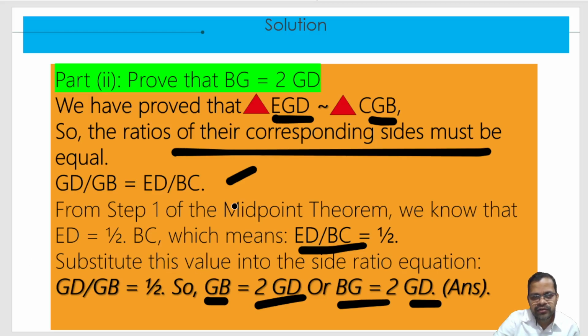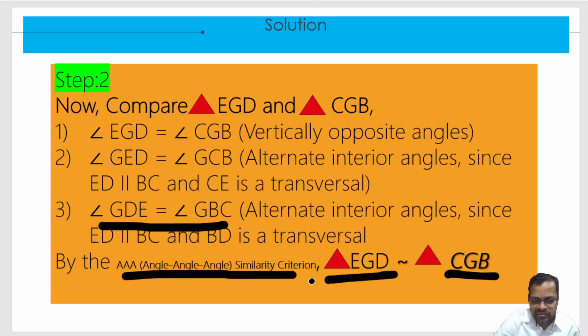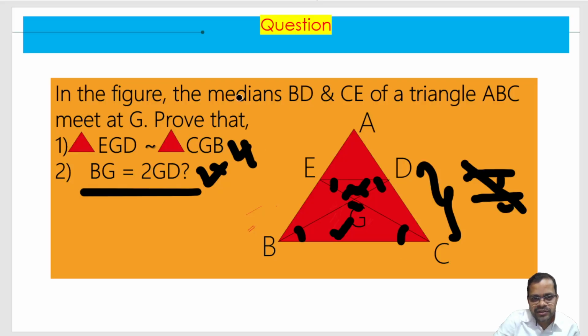So here you can see the midpoint theorem, the similarity theorem, and the smart algebra question has been asked in this small 3-liner or 4-liner.